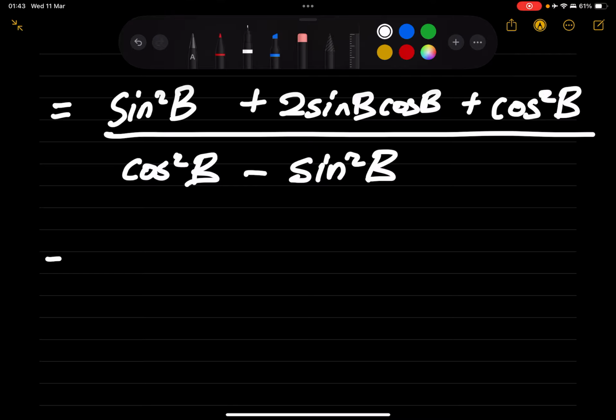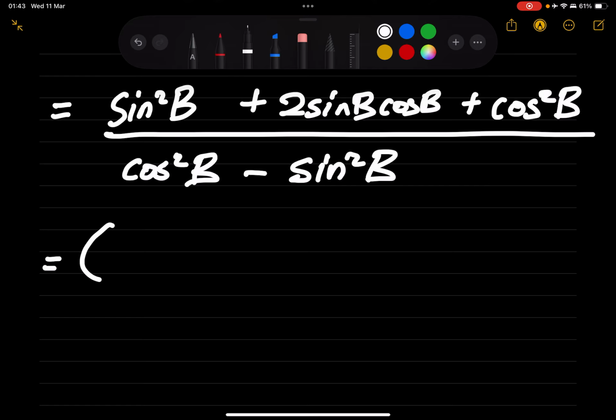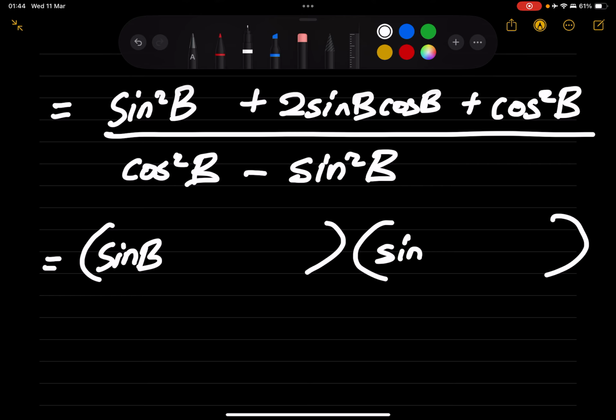Then, ladies and gentlemen, if you check here, on top we have a perfect square trinomial. Because you have a perfect square here, you also have a perfect square there. So that tells you that you have a perfect square trinomial. And then we can break it into sine squared b will break into sine b and sine b.